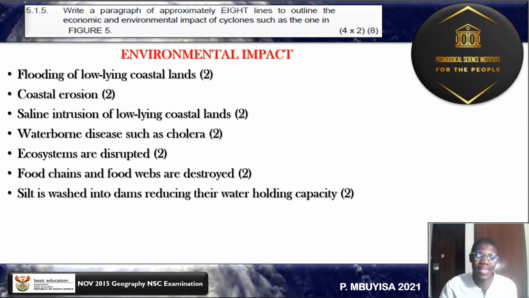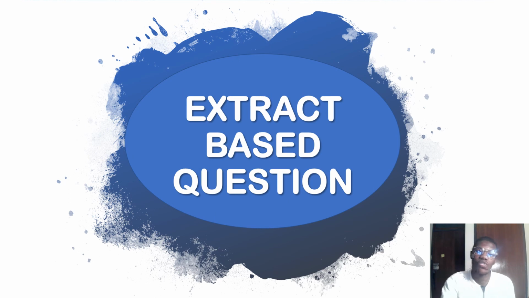So those are some of the negative impacts. And again, silt is washed into dams, reducing their water holding capacity. Silt is soil that is washed into the rivers, and the water table, of course, will increase. That's one of the positive impacts on the environment.